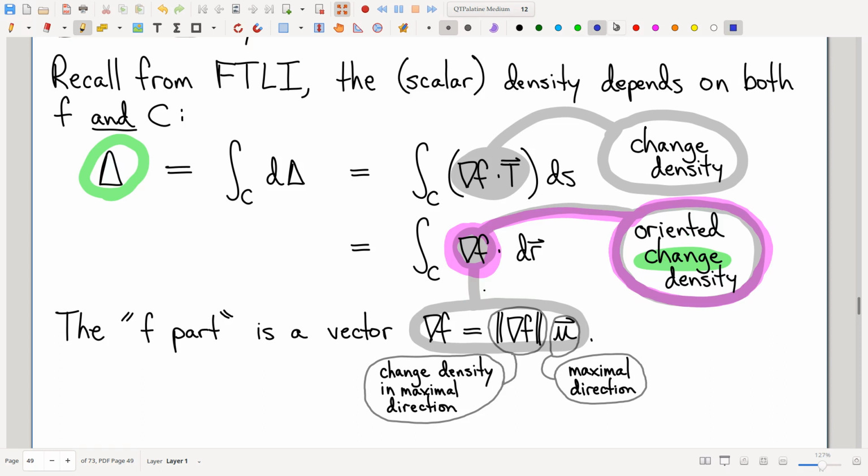Well, because the magnitude tells us, in some sense, how much change is happening on this thing. Keep in mind the magnitude of the gradient tells you how steep the graph is. Another way to say that is how much does the value change as you move in the uphill direction. So in some absolute sense, this tells you how much the function is changing. And then the direction of the gradient tells you in what direction is that change maximally happening.